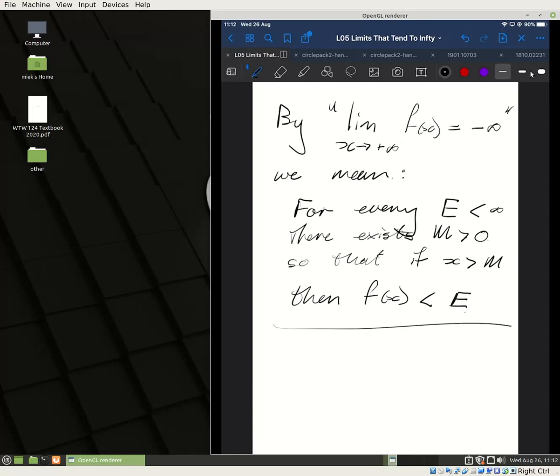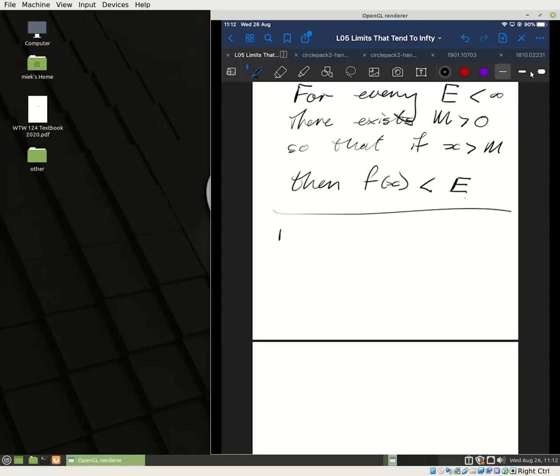And now as an exercise, write down the corresponding definitions for limits as x tends to minus infinity.